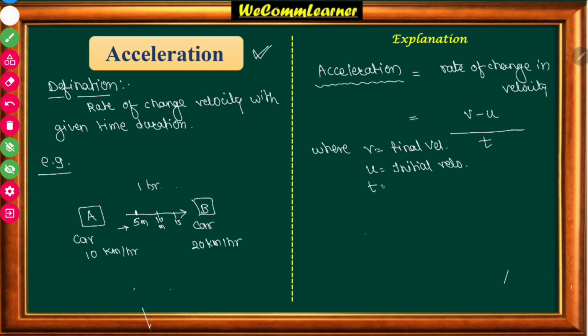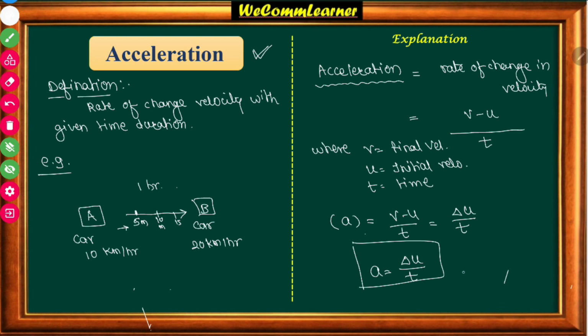And t is time. Acceleration is always denoted by a small a. So acceleration is the change of velocity with respect to t, that is a = (v - u)/t.